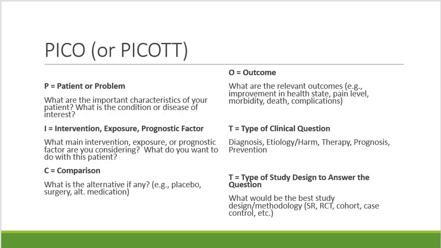Now, probably 95 to 99% of the time, you're going to see people talk about the traditional PICO. And within the traditional PICO, the clinical question that you come up with is really going to direct the type of study of interest. The purpose of the two T's are just for bookkeeping.